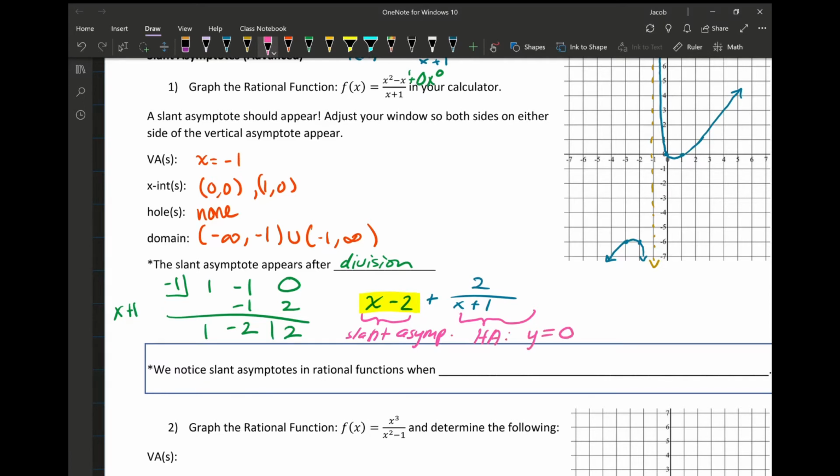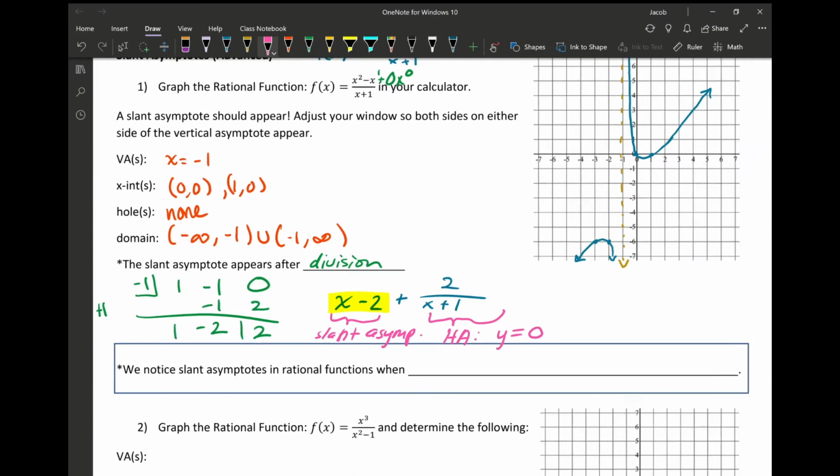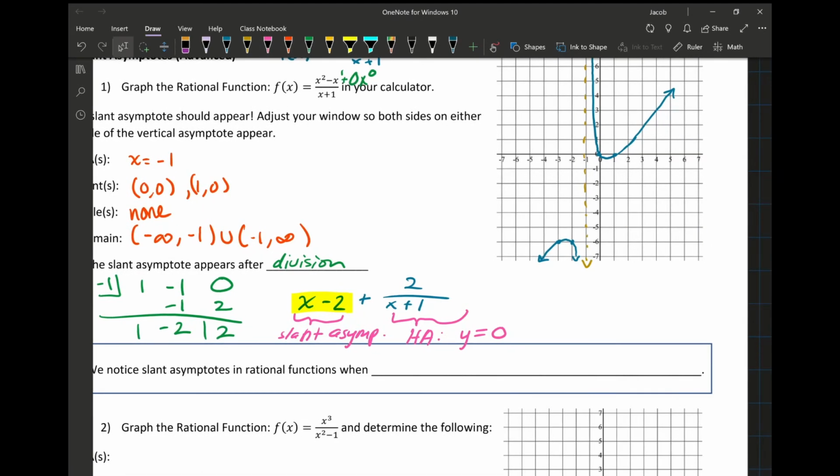So the horizontal asymptote does not affect the slant asymptote as much as the slant asymptote affects the horizontal asymptote. So that's why we basically ignore the remainder when we divide, and we just use the quotient as the slant asymptote, the answer to the division problem without the remainder.